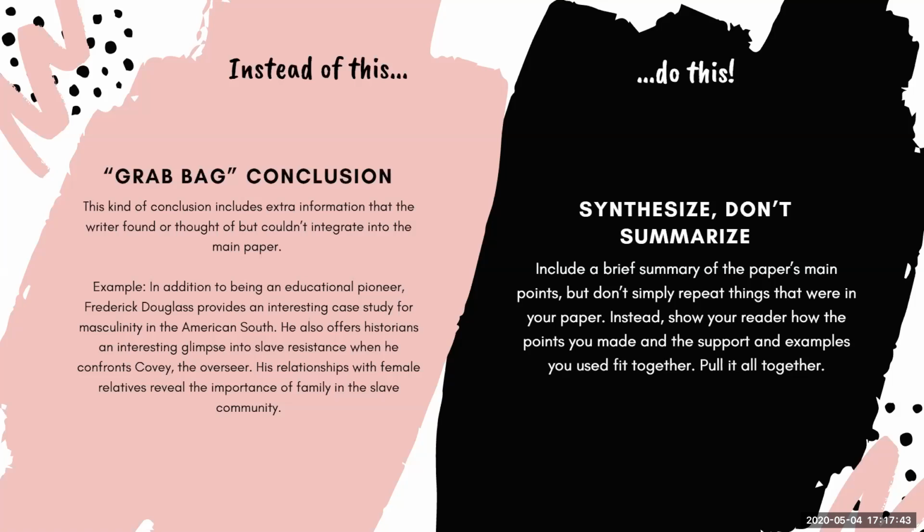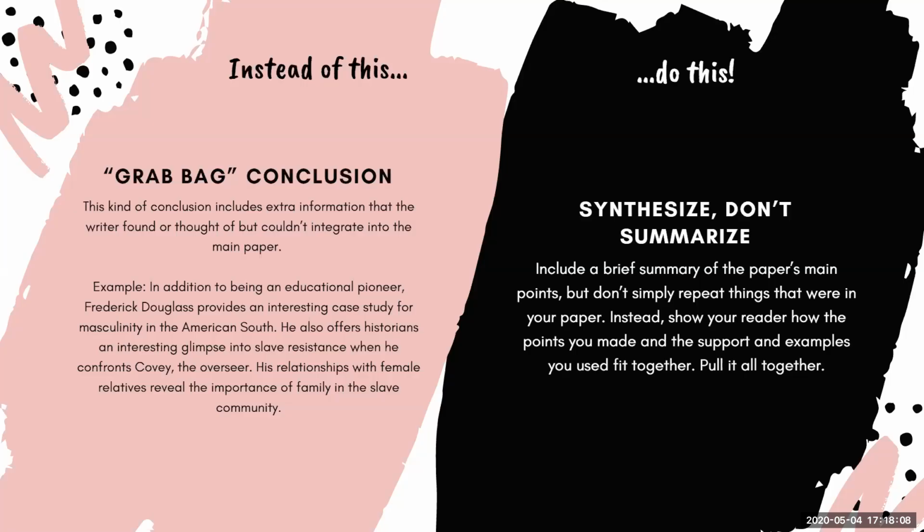Is it absolutely necessary for your reader in order for them to understand your argument? If it's not essential, I would recommend just cutting that information or integrating it into the main paper if you do have the space, but definitely do not put it in the conclusion.